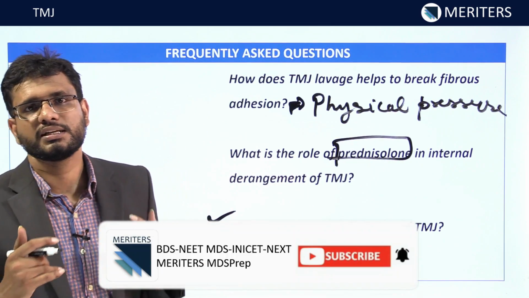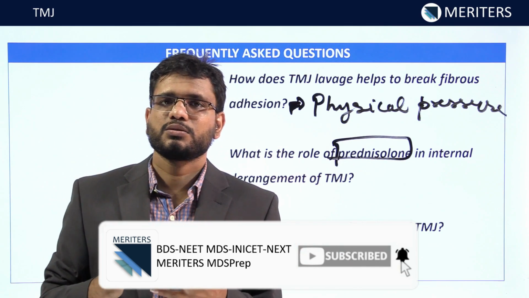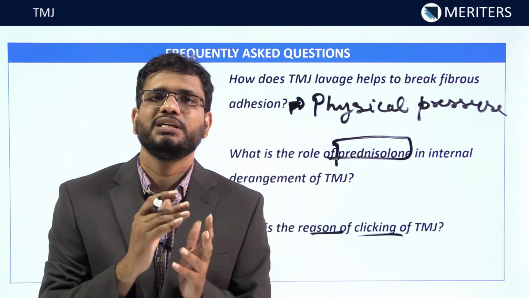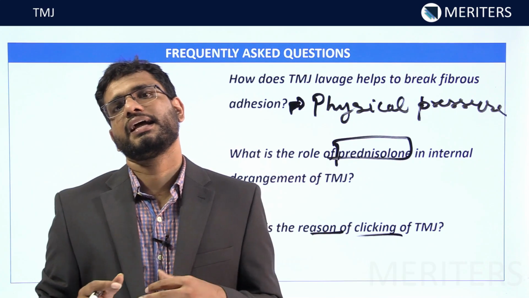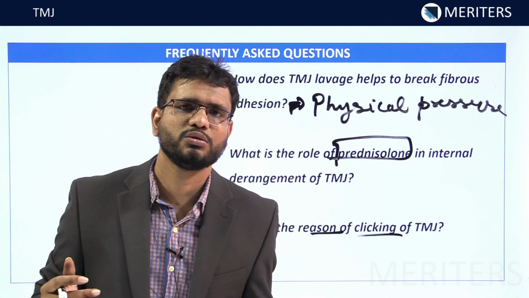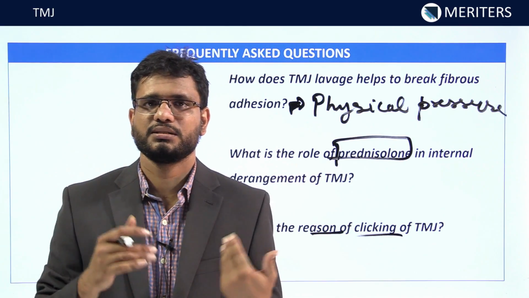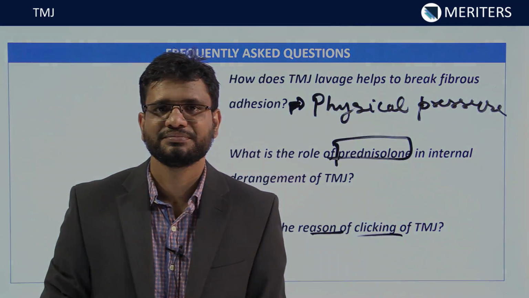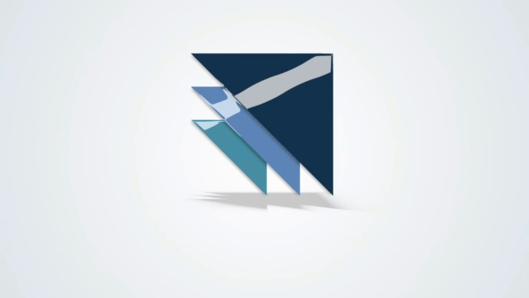But what happens when there is a problem with the disc, or a problem in the relationship of the condyle and the disc? At that time your condyle will rub on the disc, and that can lead to the production of the sound that is known as crepitus or clicking.